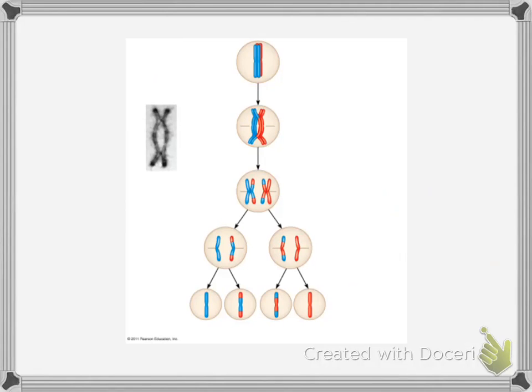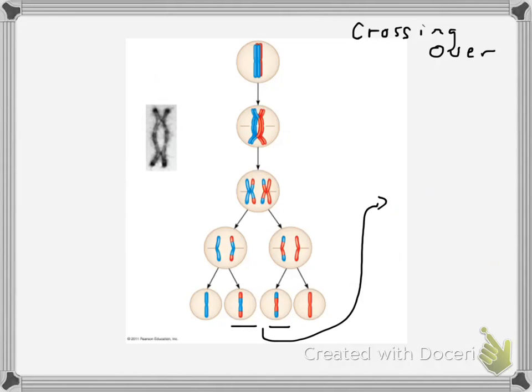Now, the other thing that occurs is that we get recombinant chromosomes through crossing over. This will create variation as well. So we're going to look at crossing over. The goal is that at the end, these two down here are what we call recombinant chromosomes.